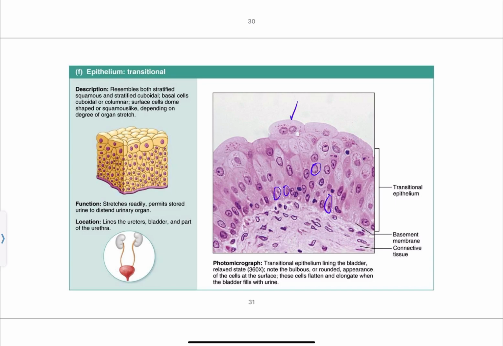But if you look at the apical surface here, instead of having these elongated cells like this at the basal side, now we see horizontal cells. So these horizontal cells and the elongated cells down here, the columnar ones, that's going to help you indicate that this is a transitional epithelium. And again, the big one here is going to be your bladder because they're found in areas and organs that need a lot of stretch.